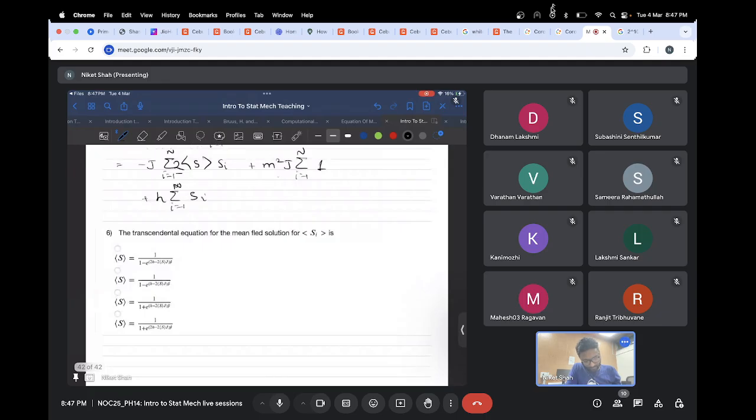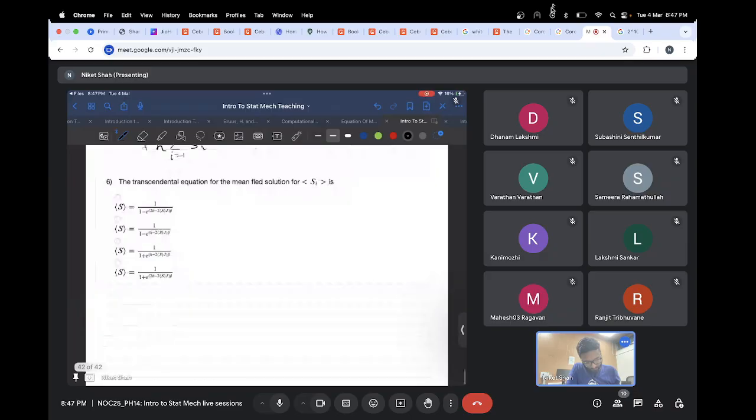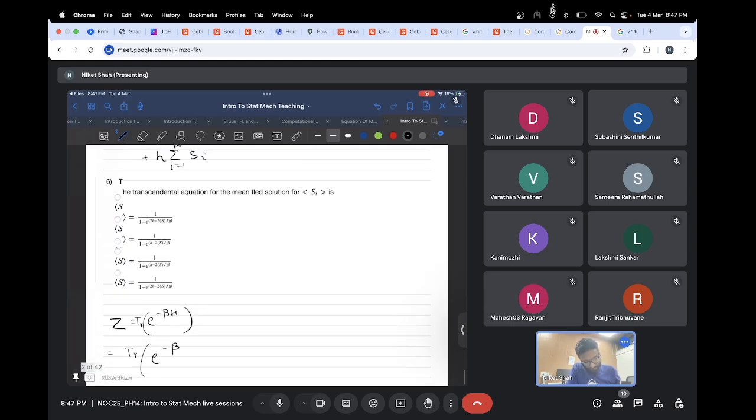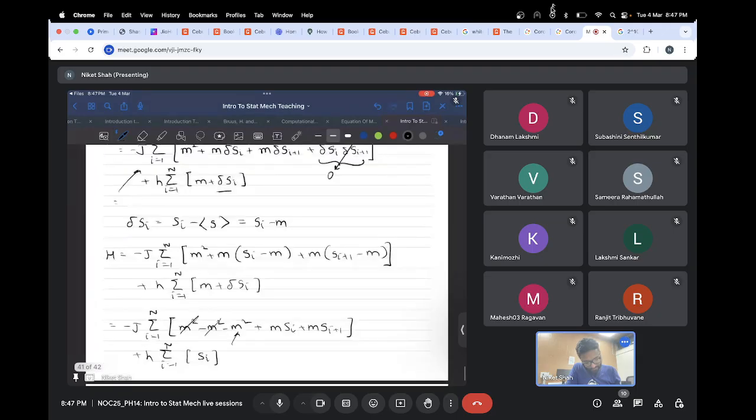Right. So now Z is going to be equal to trace of e raised to power minus beta h, and there is a minus sign outside.